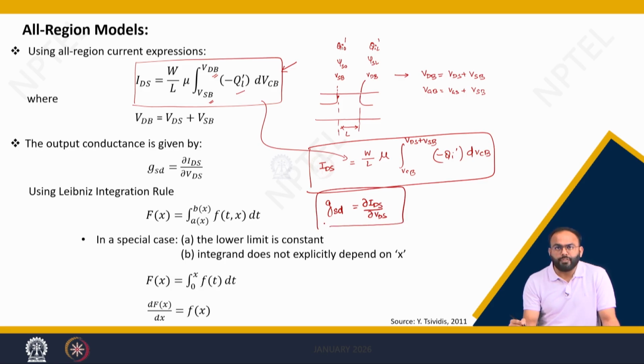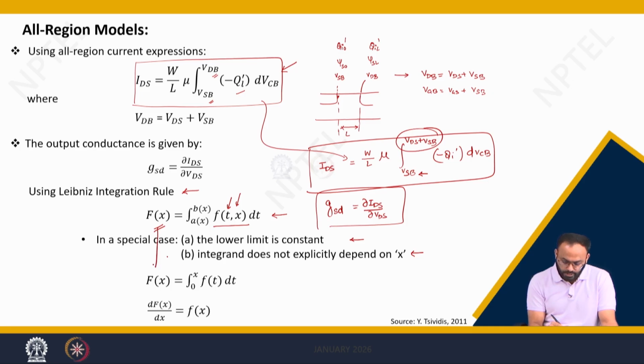To simplify this, we can use the Leibniz rule of integration, which says that if a function f(x) is integrated between a(x) and b(x), and the function has variables t and x, then we can simply find the derivative of this function. The condition is that the lower limit is constant. In our case also the lower limit is constant and the function is not a function of x.